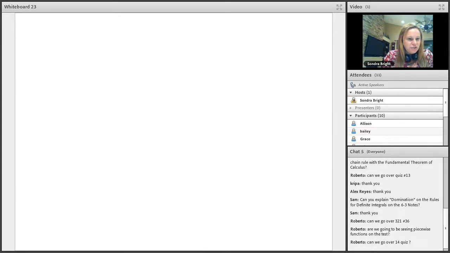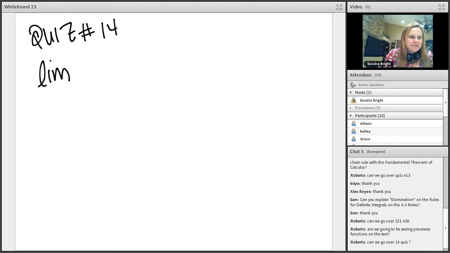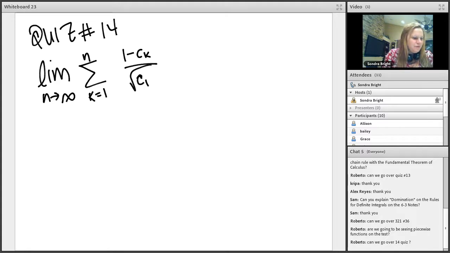Okay, so this is a straight up change of notation, right? So they want you to rewrite this limit as a definite integral. 1 minus c sub k over square root of c sub k delta x, and then on this interval from 4 to 8.